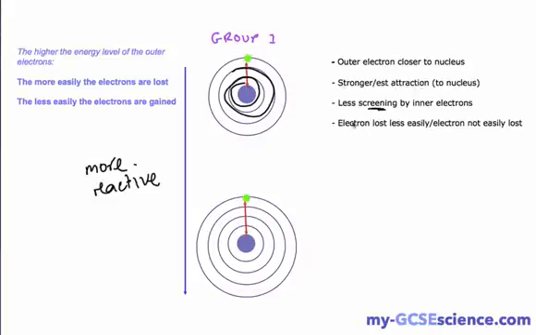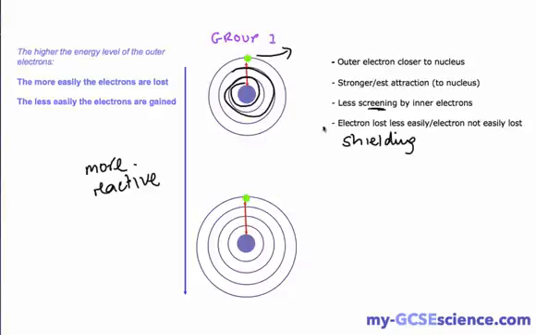Sometimes we call it shielding. So there is less screening or shielding by inner electrons, and that means electrons are not easily lost. That means this is going to be less reactive than the atom below. Remember, group 1 elements rely on losing these electrons in order to react with other elements. So that's how you'd explain why this element here is much less reactive.